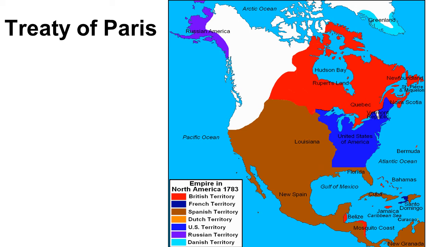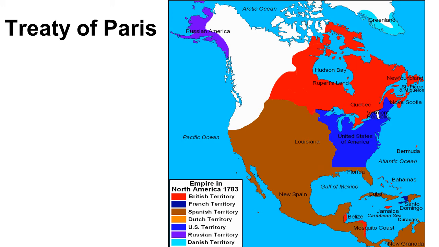In 1781, the British Army surrenders after the Battle of Yorktown. And while the war has ended, diplomats, government officials, take more than 2 years to end up officially ending the war.